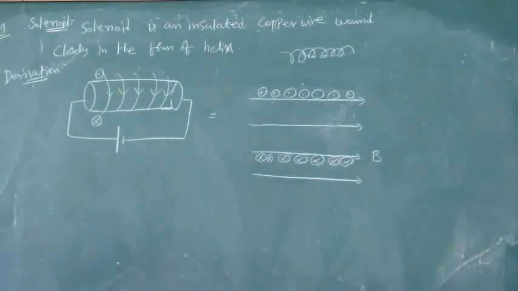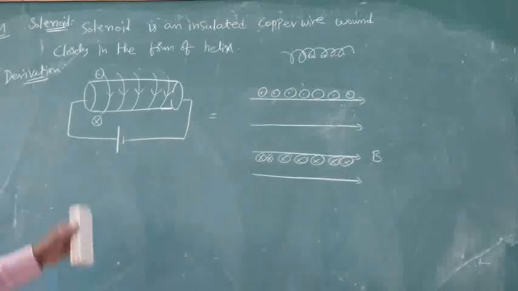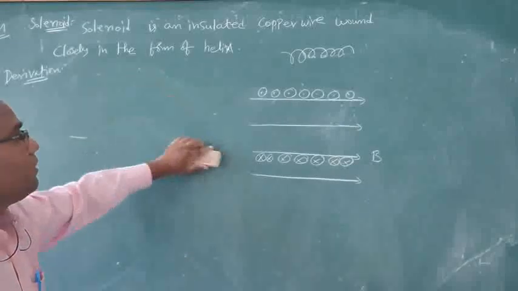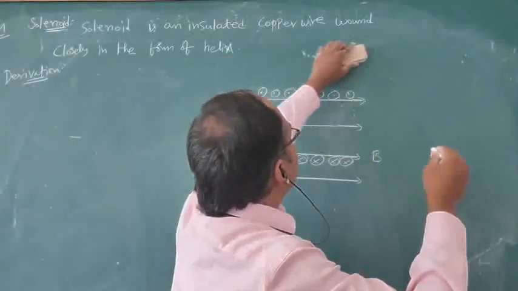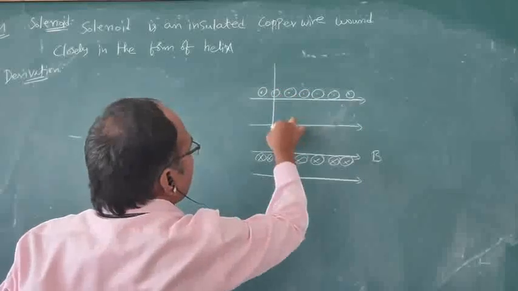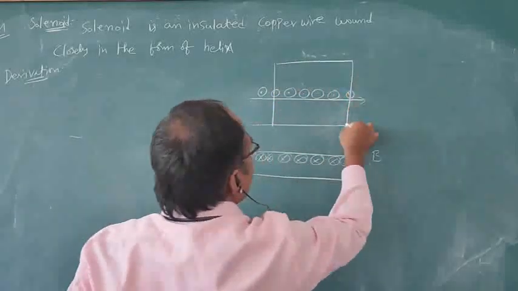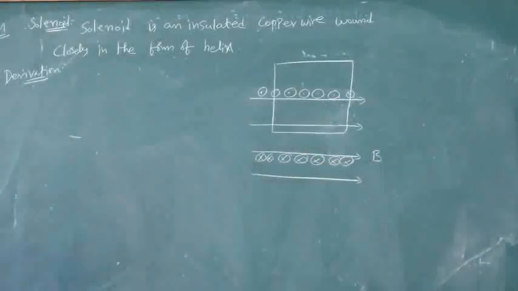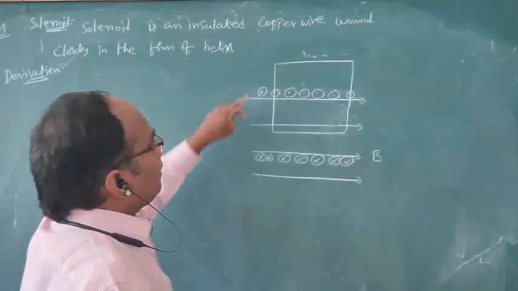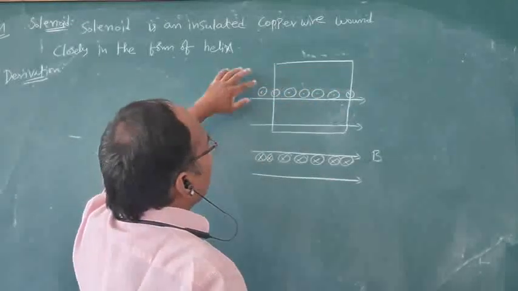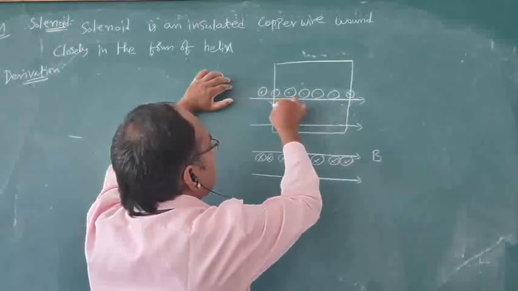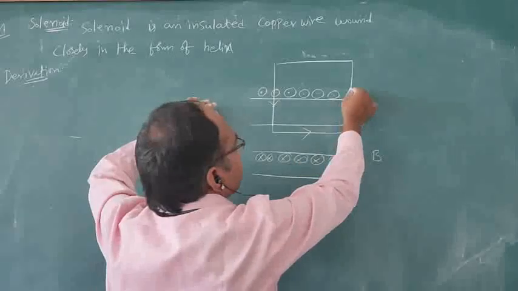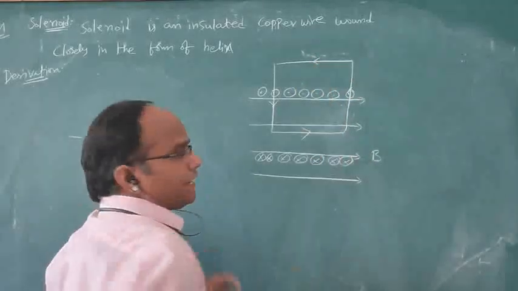Okay. Now what I am doing is I am inserting one plate, a square plate. Now in this plate the current is passing in the anti-clockwise direction.